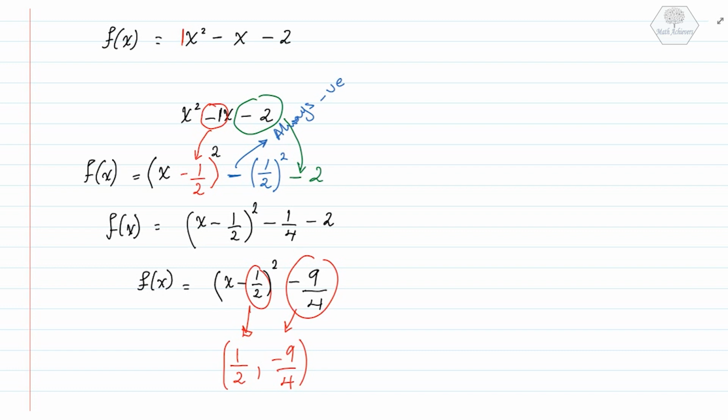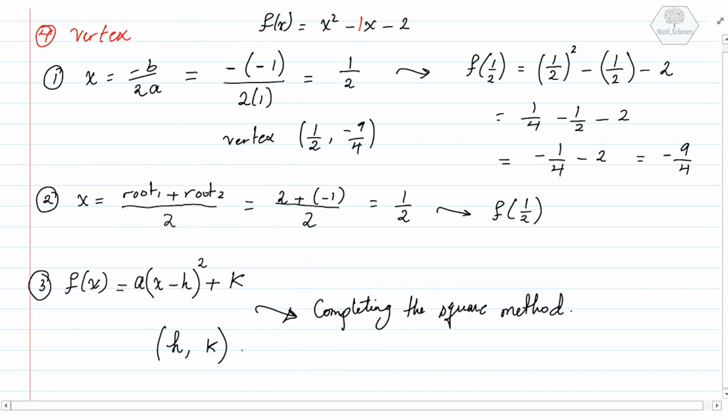I found my vertex by completing the square or writing the function in the vertex form. We call it the vertex form. As you can see, it's the same as our vertex here.